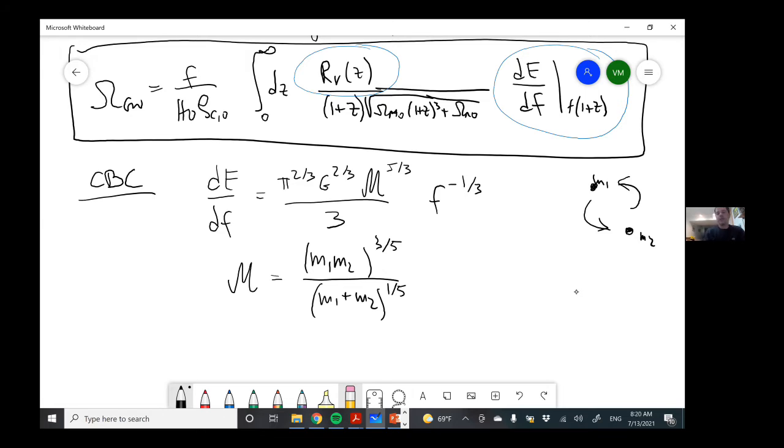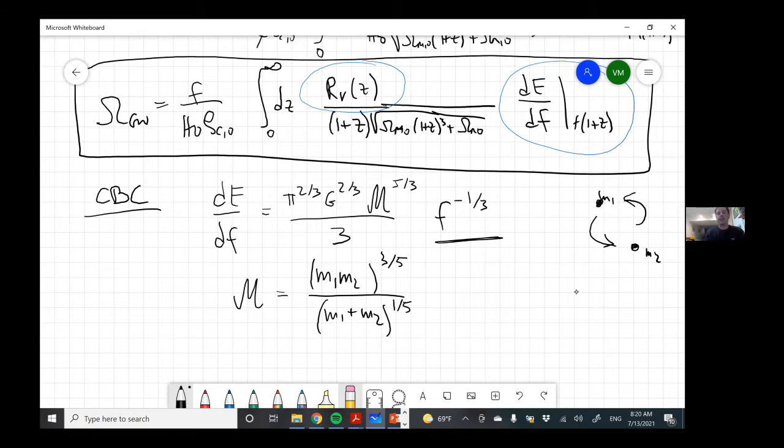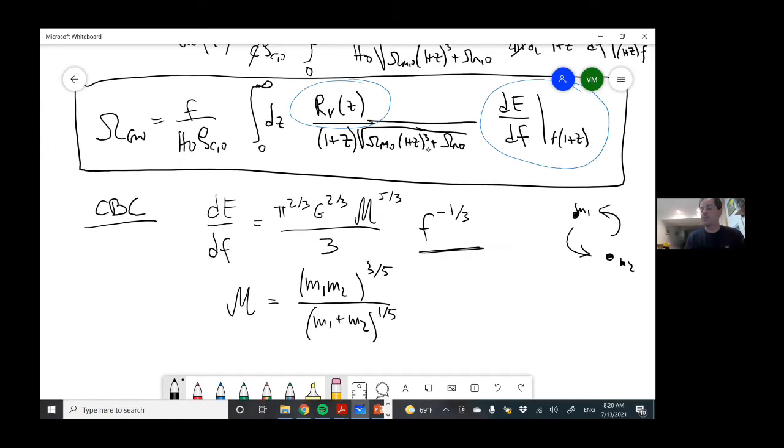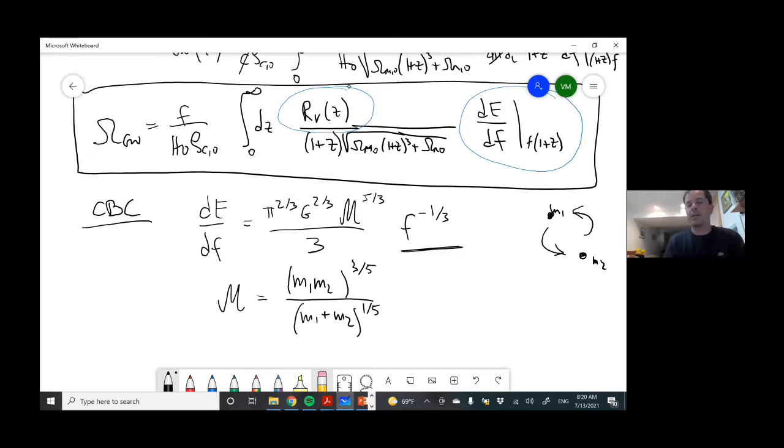And the other thing that you notice is that this dEdf goes as the frequency to the power -1/3, and that immediately tells you, if you go back to our master equation, there will be f to the power -1/3 coming from here. There is no frequency dependence here. This is the frequency of the gravitational wave source. The rest of this master equation has nothing to do with the actual source.